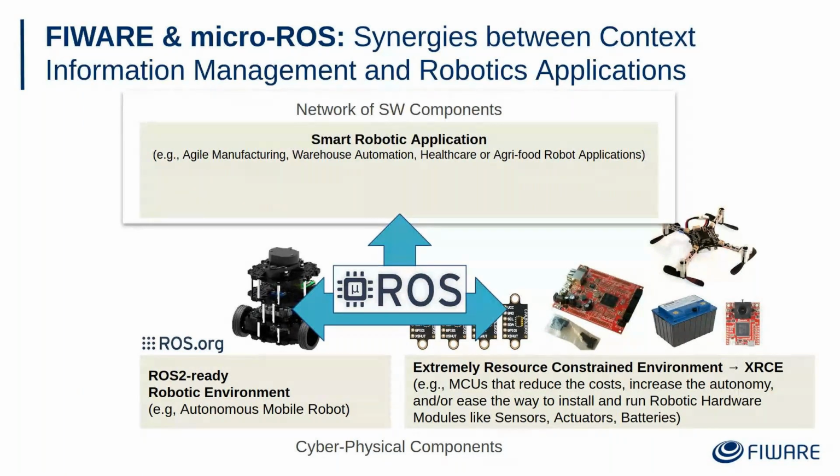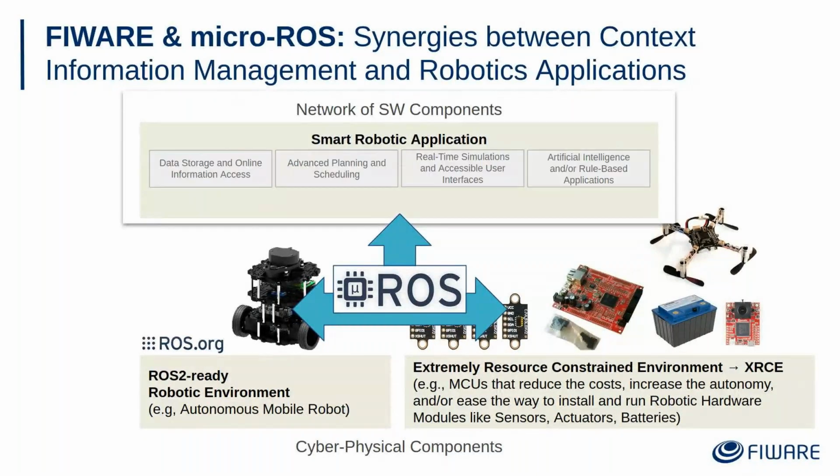Some of the features that these applications require from the network of software components are listed here for providing persistence and online information access, or features for advanced planning and scheduling that can be linked to AI concepts, or any other kind of applications that in the end aim at making the robotic application more efficient and more powerful.